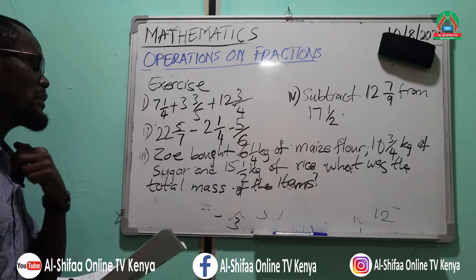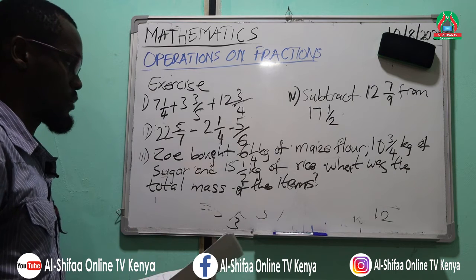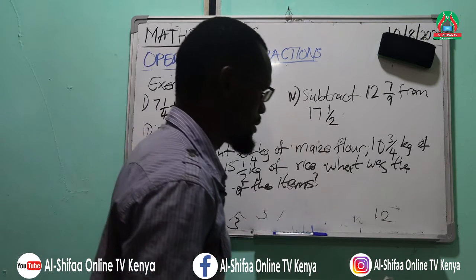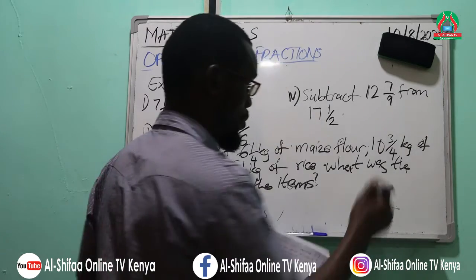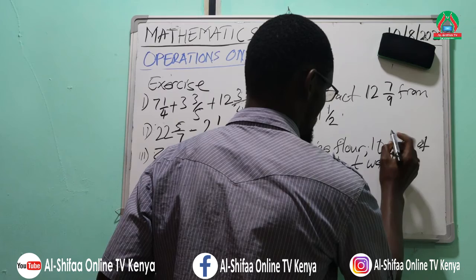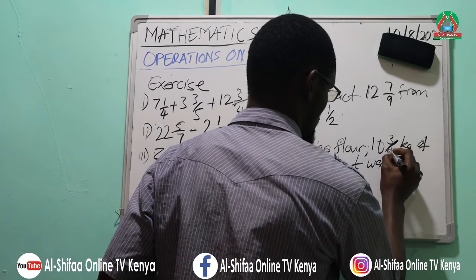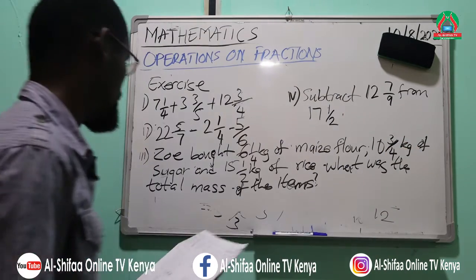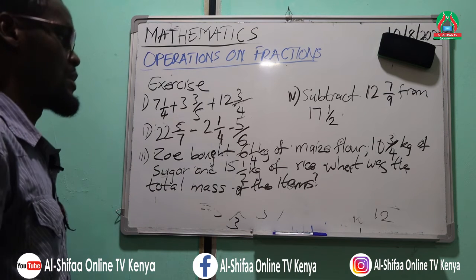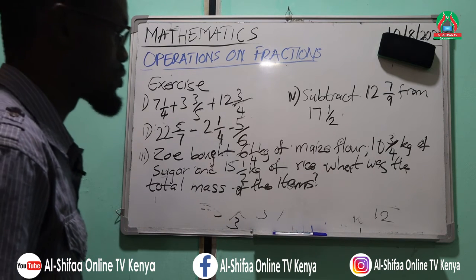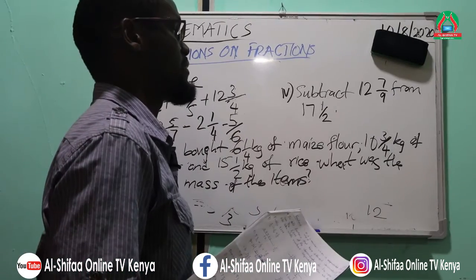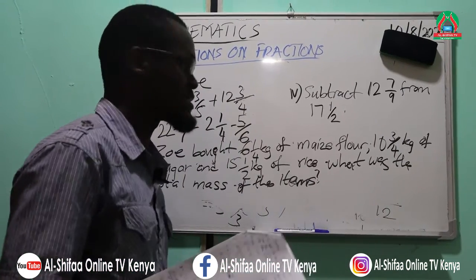Then we have Zoe bought 6 1/4 kilogram of maize flour, 10 3/4 kilogram of sugar and 15 1/2 kilogram of rice. Then you ask what was the total mass of the items. 12 7/9 from 17 and a half.